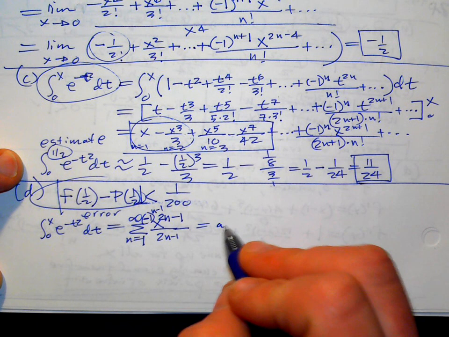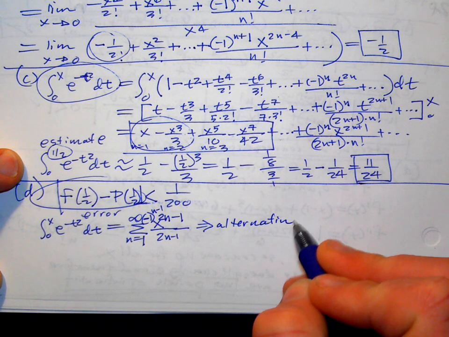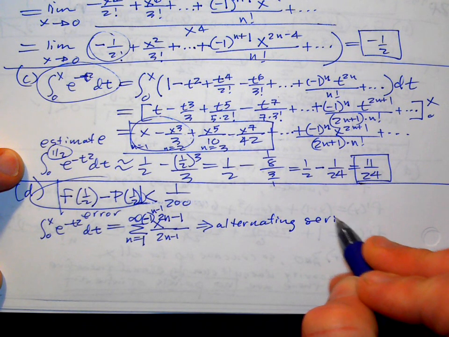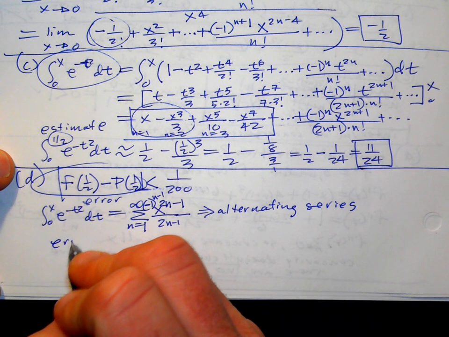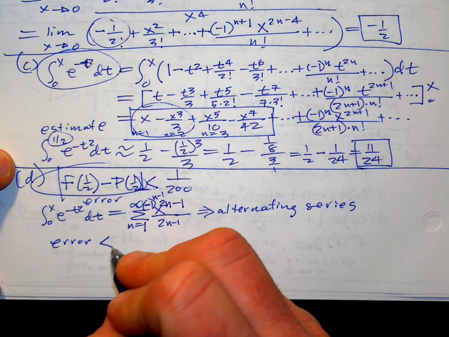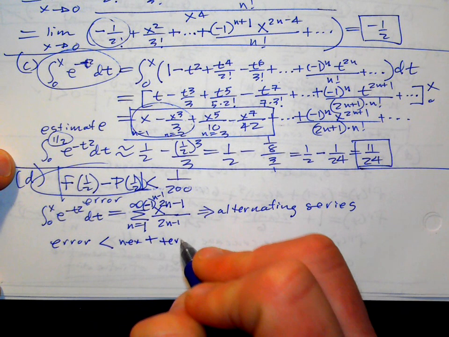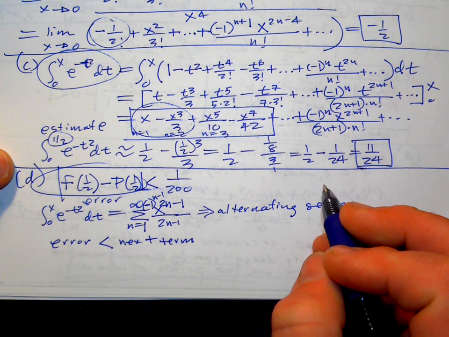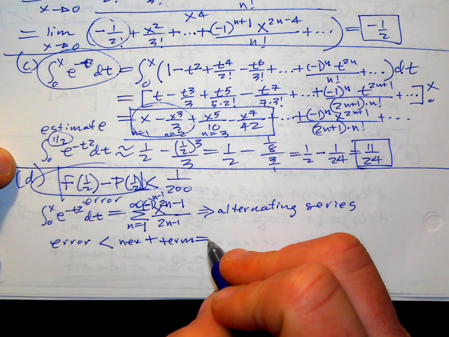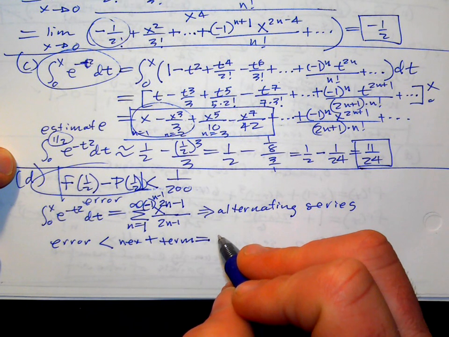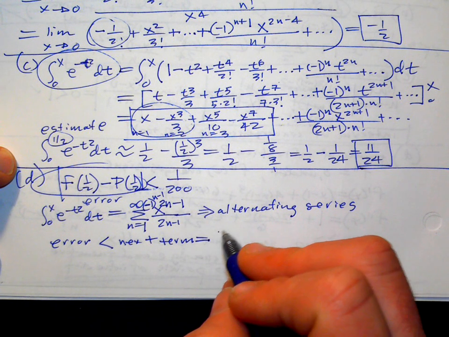And this is an alternating series, so we could use alternating series error bound. The alternating series error bound says the error is going to be less than the next term. So if we're using the first two terms, it's going to be less than the next term.